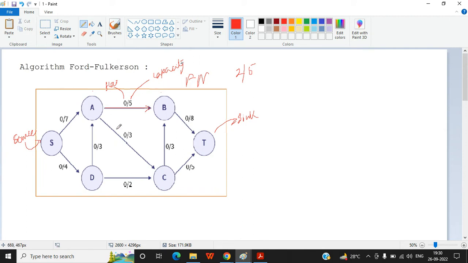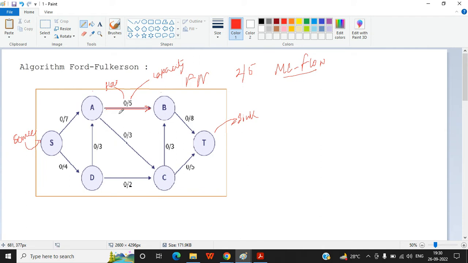Now there is a term called residual capacity. What is residual capacity? Residual capacity is your maximum capacity minus flow. What will be the residual capacity of this edge?